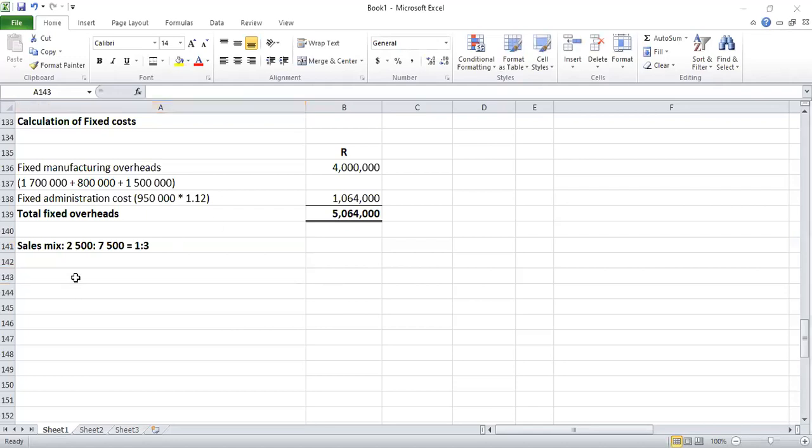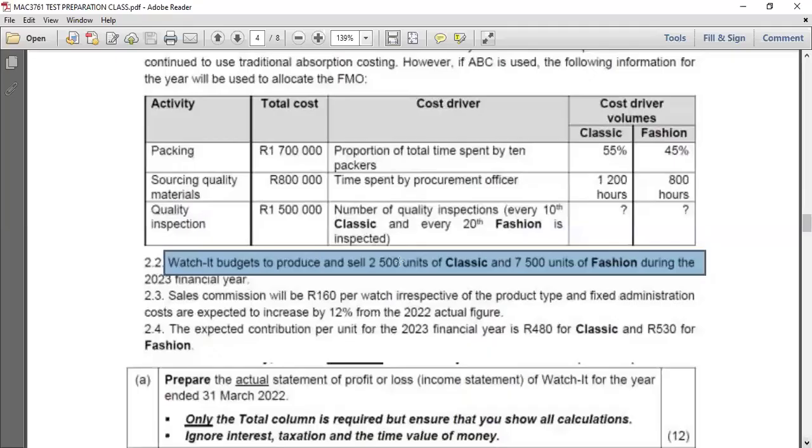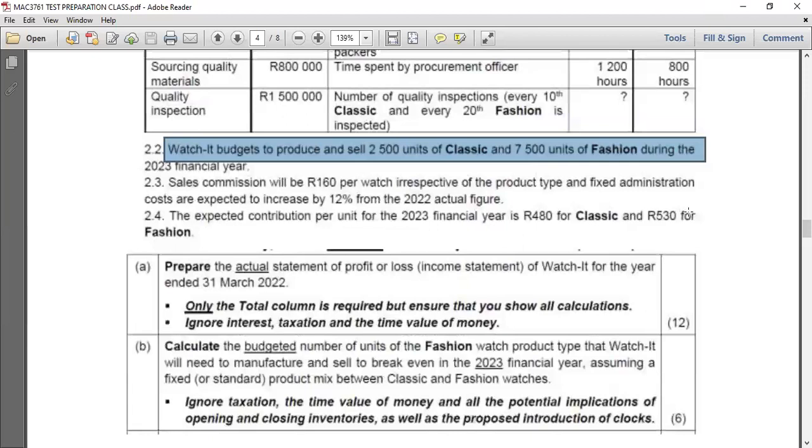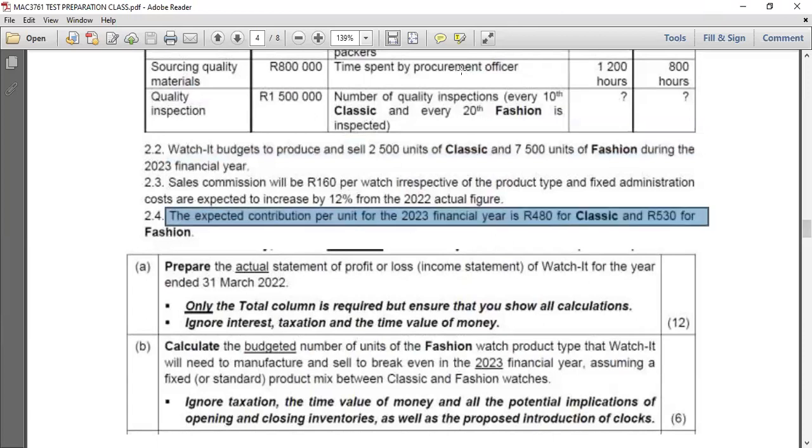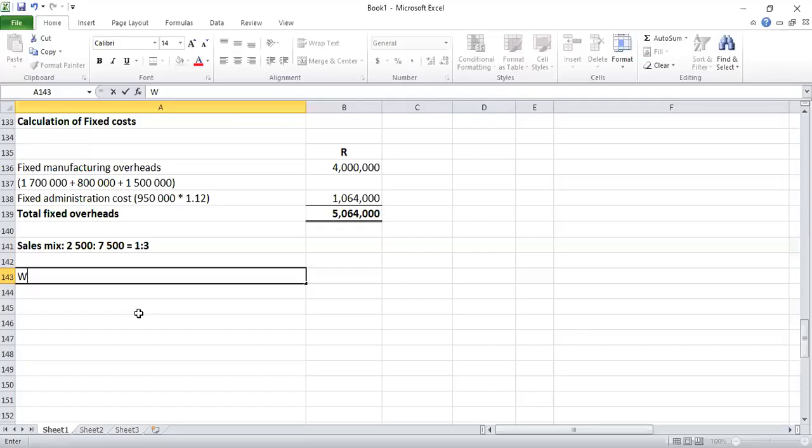So to get your weighted contribution, we know that the contribution of each is 480 and 530. The expected contribution per unit is 480 for classic and 530 for fashion. Now to get your weighted contribution, you say 1 over 4.